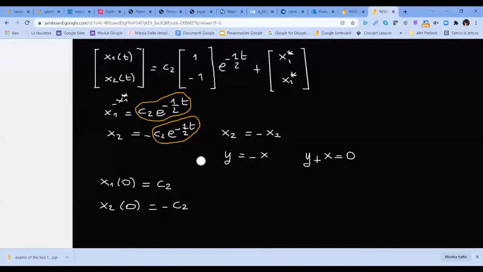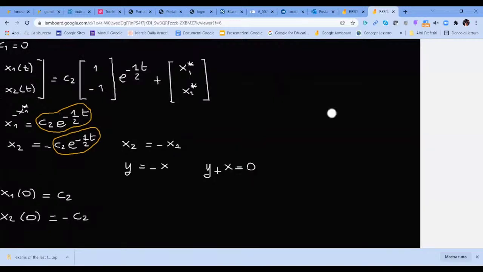So you have some C2 that gives you the stability, because if C1 equals 0 and you have C2, you have the equation y equals minus x.